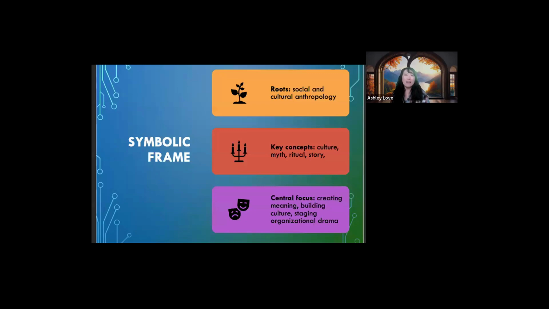So those of you who went to undergrad or high school or even the master's program, if there's a strong connection and a big pride about the university or organization, they're going to stick together. So one of the roots or disciplines that you're looking at is sociology and also cultural anthropology. So those are the two disciplines that you're thinking about when you're talking about symbolic frame.